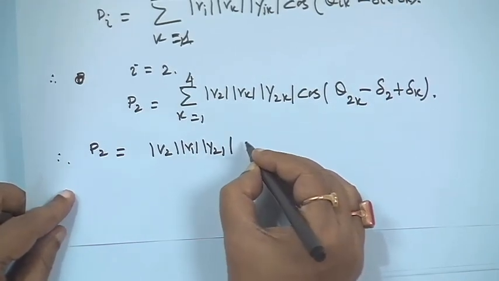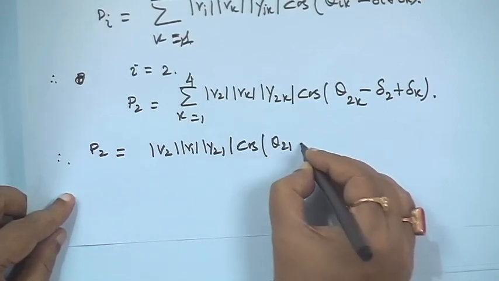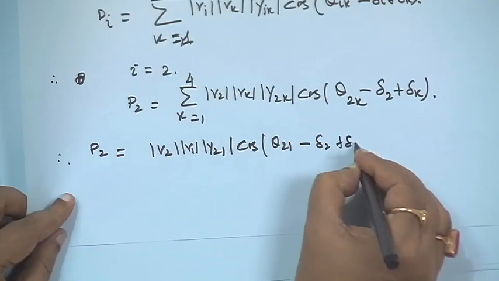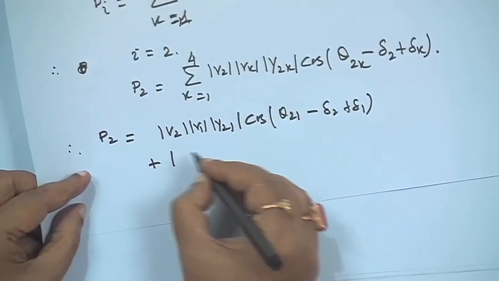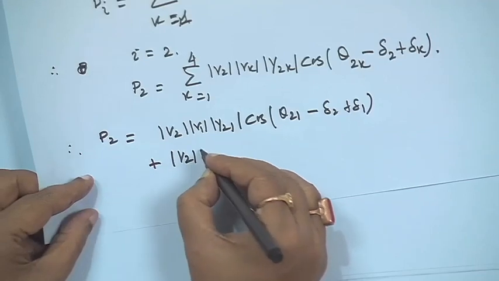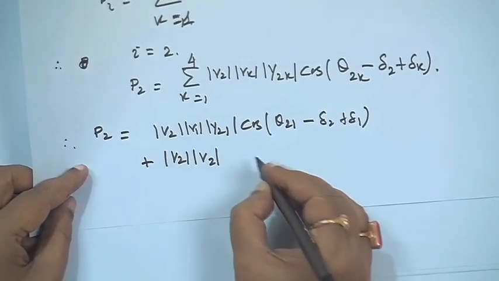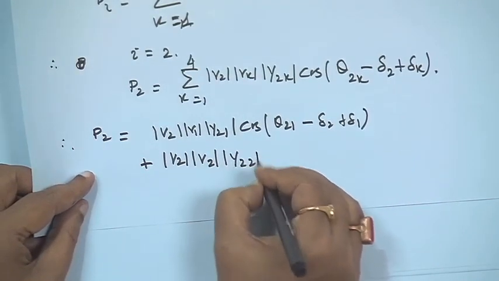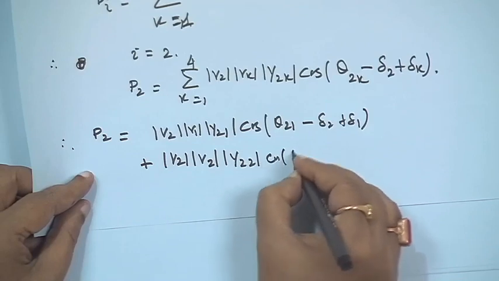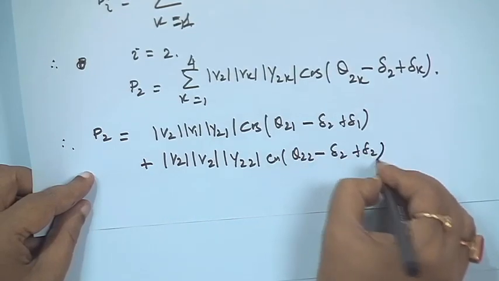Then cosine theta 21 minus delta 2 plus delta 1, then plus V 2, when k is equal to 2. So V 2 into V 2, V 2 square, then y 22 cosine theta 22 minus delta 2 plus delta 2.